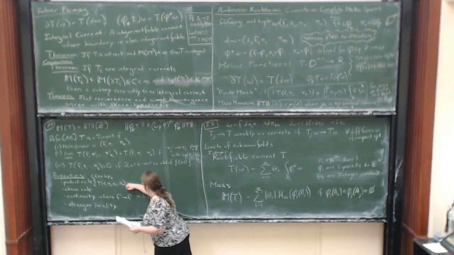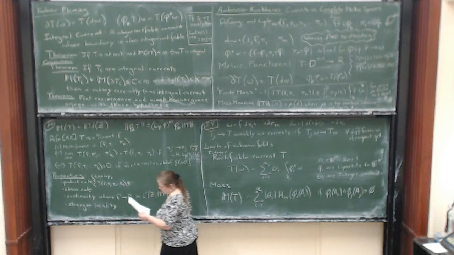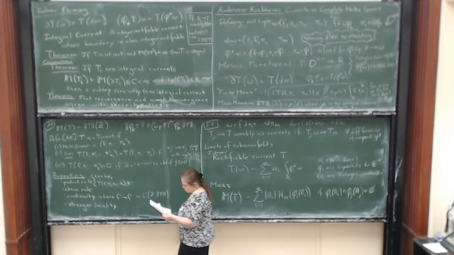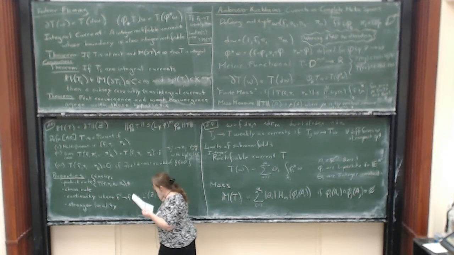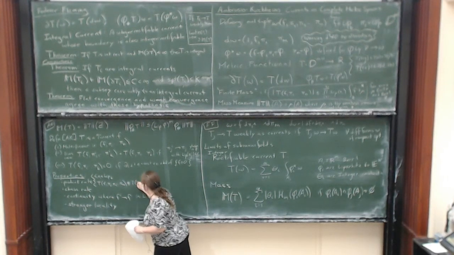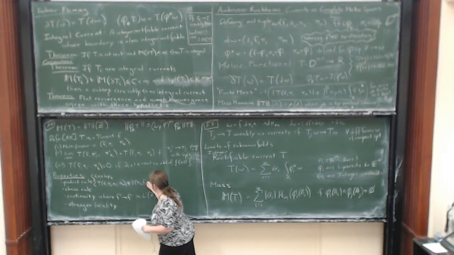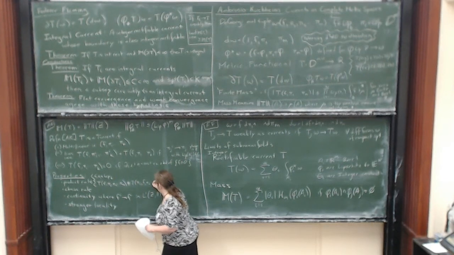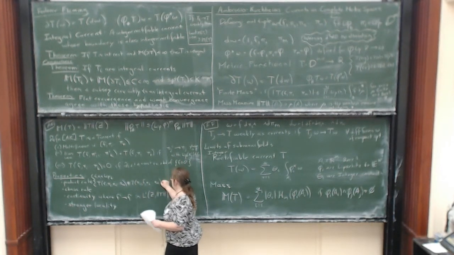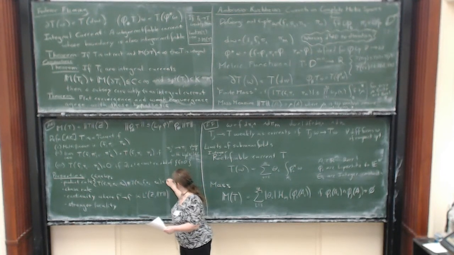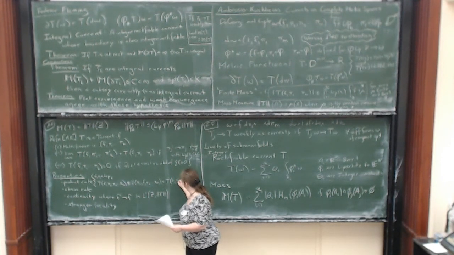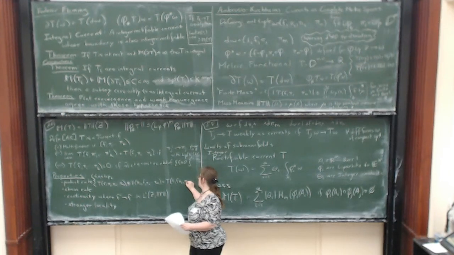Sorry, plus. T(pi 1 f, pi 2 through pi m) equals, I should write it the opposite way. T(f pi 1, pi 2 through pi m) plus T(pi 1, f, pi 2 through pi m).